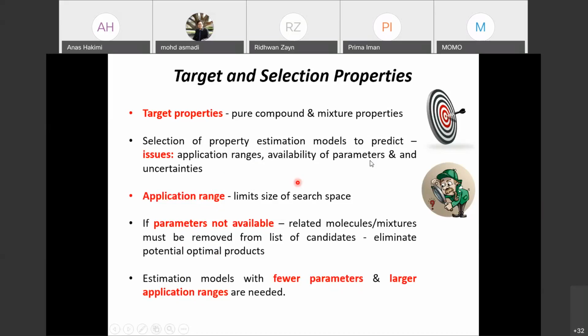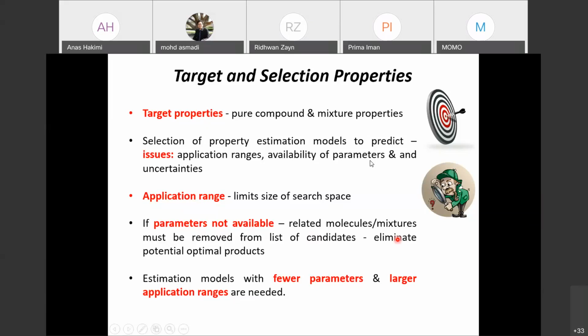And when the properties or parameters are not available to estimate the target properties of generated molecules or mixtures, actually we cannot predict. So we have to eliminate or remove it from the list of potential candidates, and we also eliminate potential optimal products. This is the constraint if the parameters are not available.